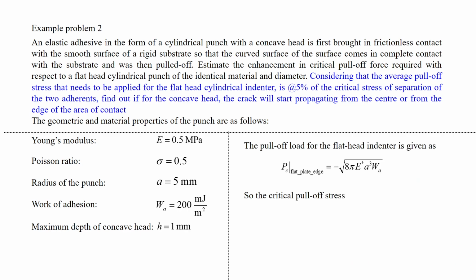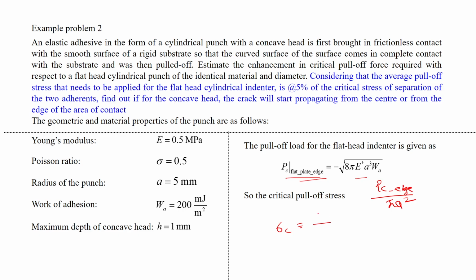The pull off load of the flat head indenter was given by this, and we said that the critical stress... So, the average pull off stress will be what? That is equal to this P_c, for the flat plate, divided by pi a square. This quantity has to be found out, and sigma c, the critical pull off stress, times 5% is equal to this.